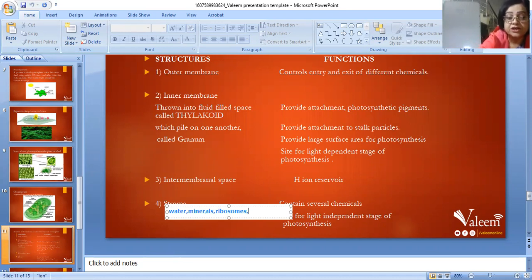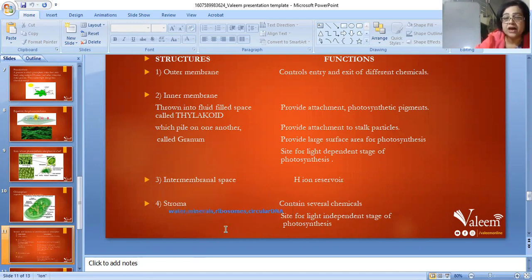So, yes, it contains one more important structure which I need to discuss over here. This is circular DNA. Now, why is circular DNA there? Because circular DNA gives instructions to ribosomes to make enzymes. So we can say with full confidence that stroma is a main site where important chemicals are made, and chloroplast is an independent organelle which can carry out all of its functions.